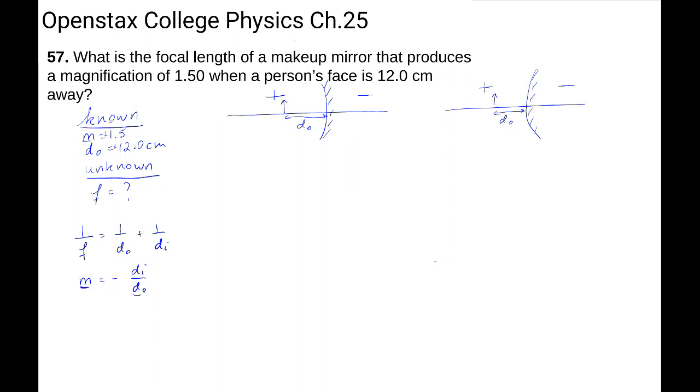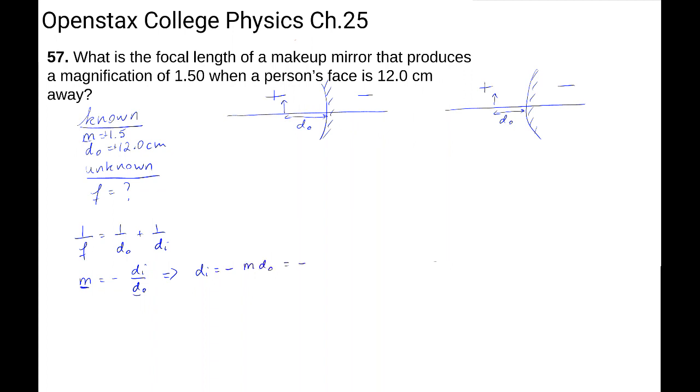And then from the image distance, we can plug that into the first equation. So once we solve for the image distance, knowing magnification and object distance, we can plug the image distance here and solve for the focal length. So let's start with the magnification. I know from here that image distance is negative M times DO.